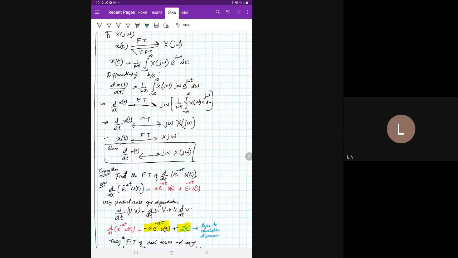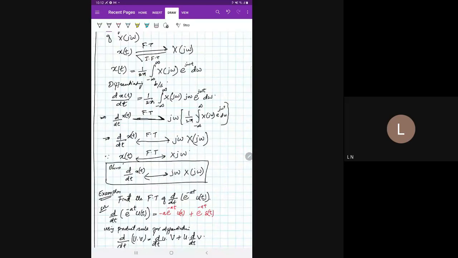By similar logic, d by dt of x of t is basically the inverse Fourier transform of a signal. What is the signal? The signal is this much.